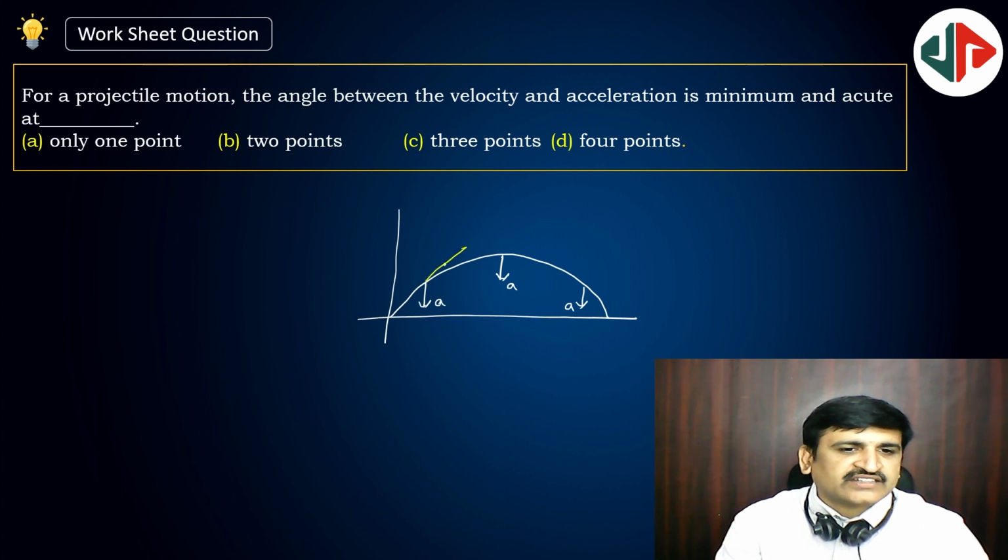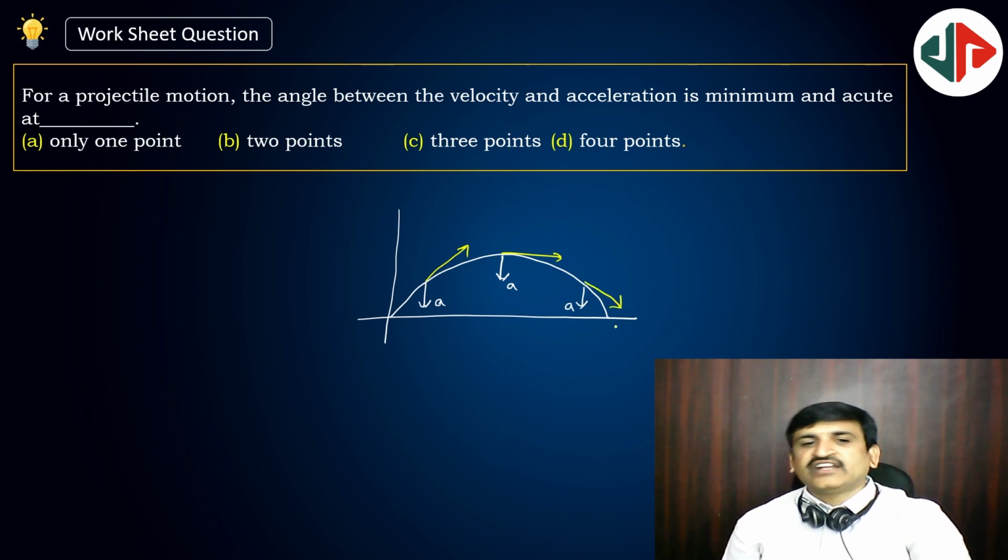Velocity here is tangential. Where can you find the angle between velocity and acceleration minimum and acute?